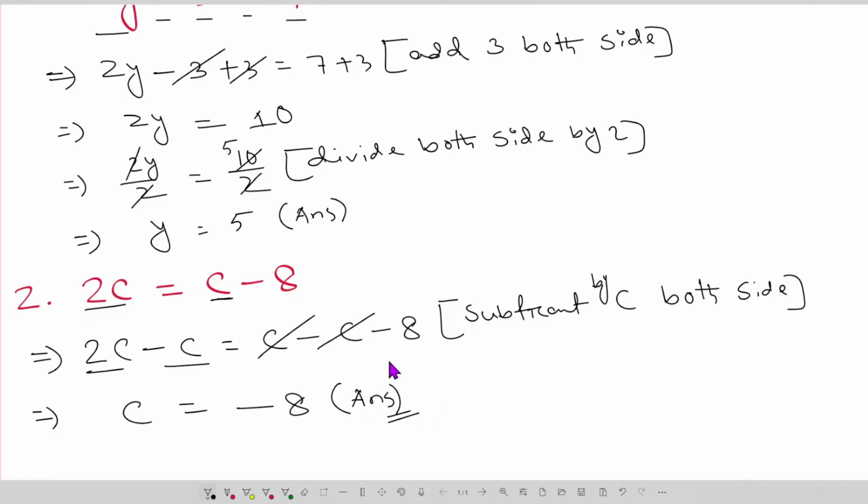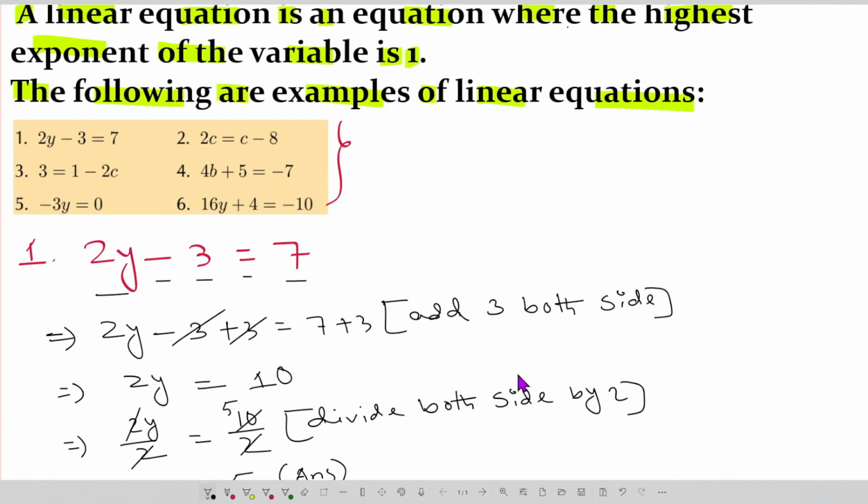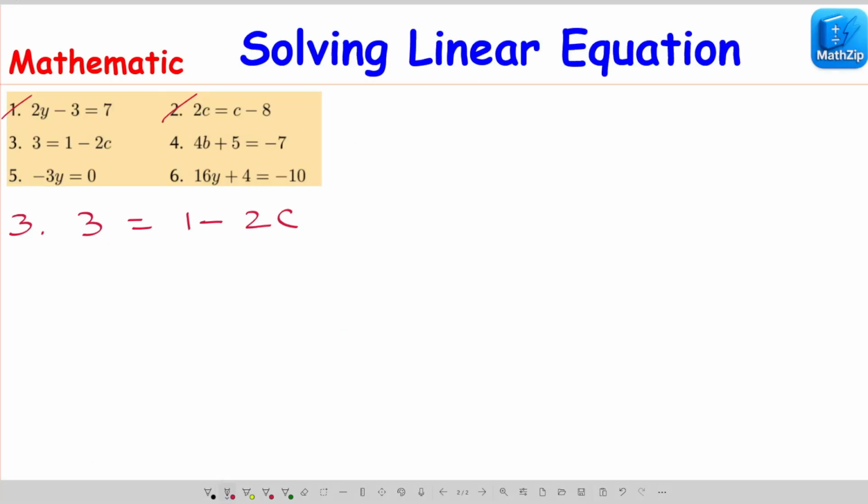Very simple. Okay, so number 1 and number 2 done. Our plan is to solve these 6 problems in this video. Number 3, here is 3 equals 1 minus 2c. So we have to find out the value of c. So first we can write, we just keep the variable on one side.